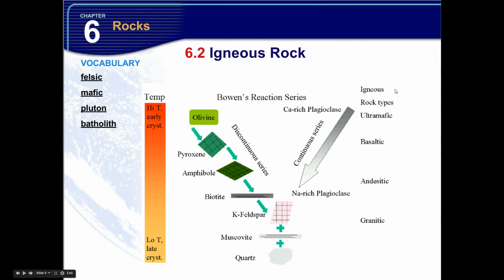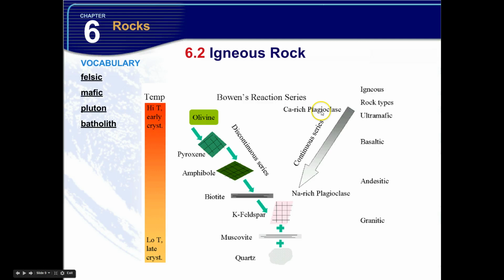Now, when that lava is deep inside Earth's crust and it starts to cool, certain minerals will start to crystallize before others. That series of crystallization is called Bowen's reaction series. So we have very high temperatures. Olivine, which was in our mineral lab, is one of the very first minerals to start to crystallize.